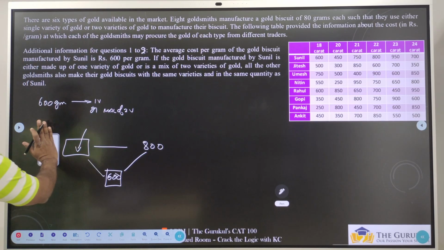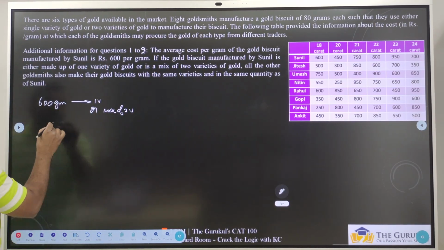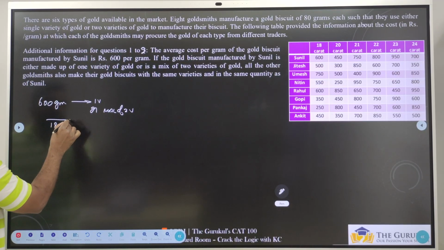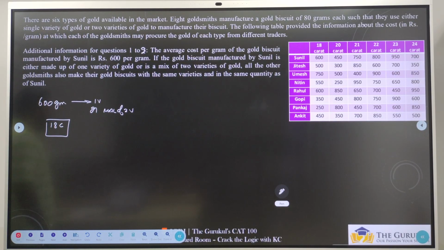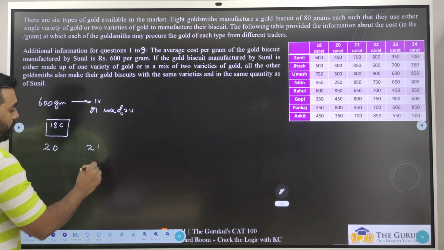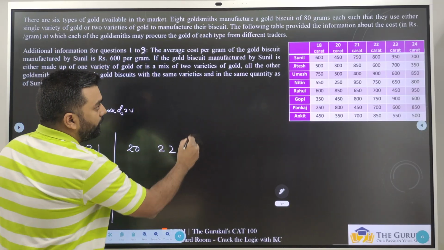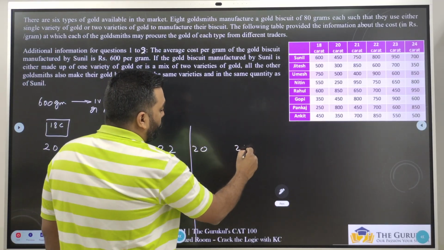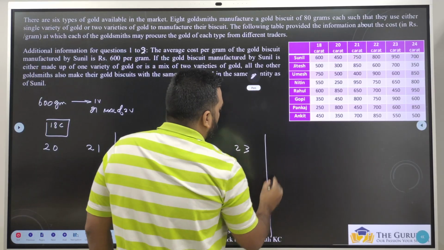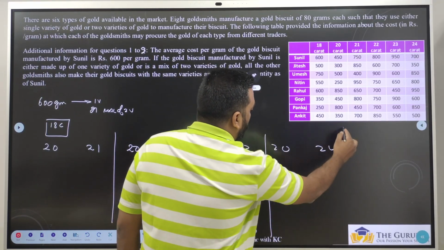Perfect. Now because this is 600, he can directly take 18 karat gold without mixing anything, because 18 karat gold costs him 600 rupees only. So there is no mixing happening. Or if he wants to mix, what can he mix? He can mix 20 karat and 21 karat, 20 karat and 22 karat, 20 karat and 23 karat, 20 karat and 24 karat.